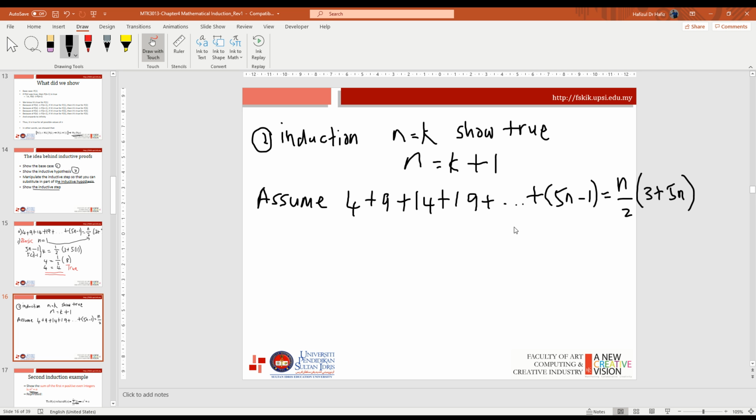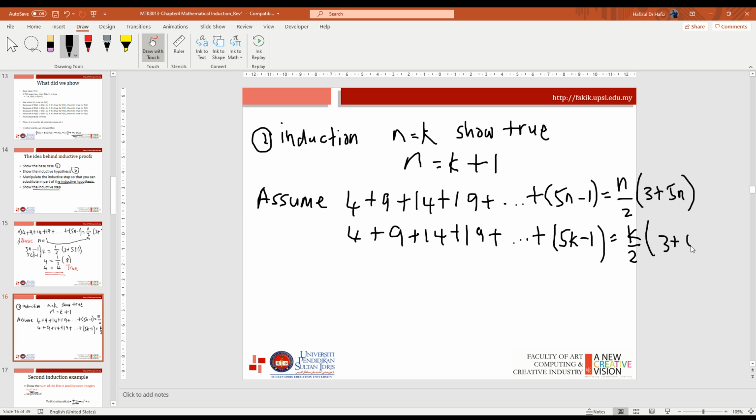So when we assume, we replace 4 plus 9 plus 14 plus 19 plus dot dot dot plus 5k minus 1 is equivalent to k divided by 2, 3 plus 5k. Can you follow? Okay, we replace this one.